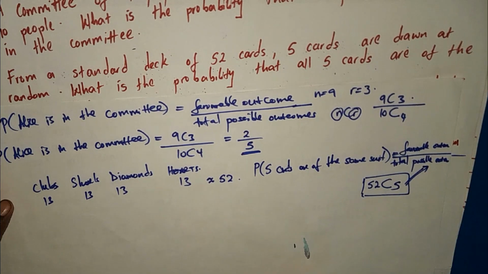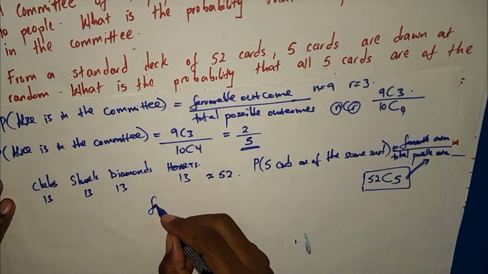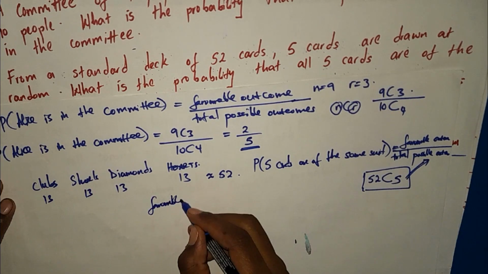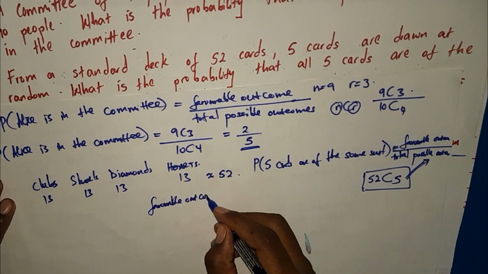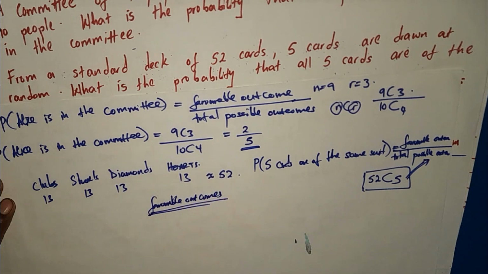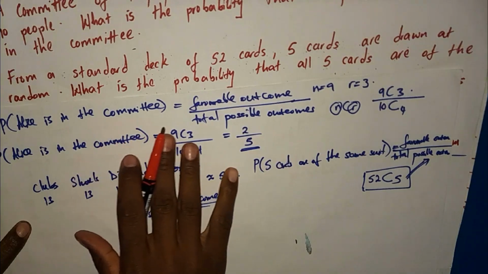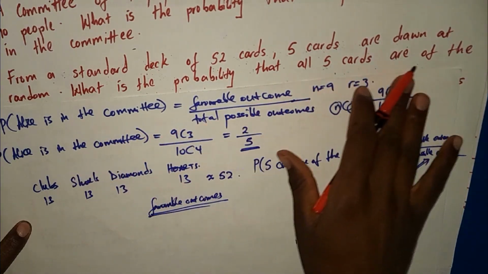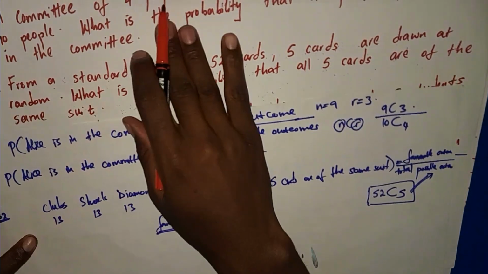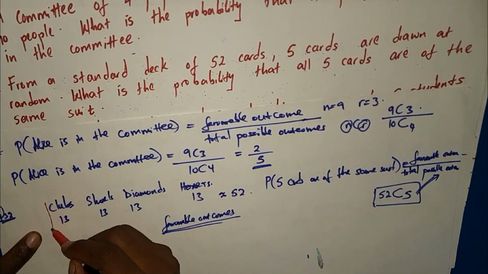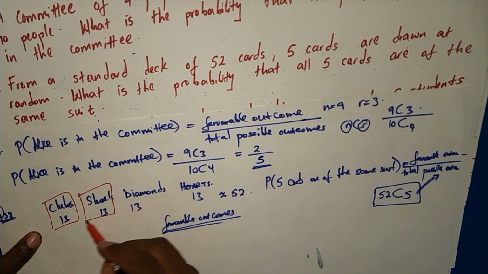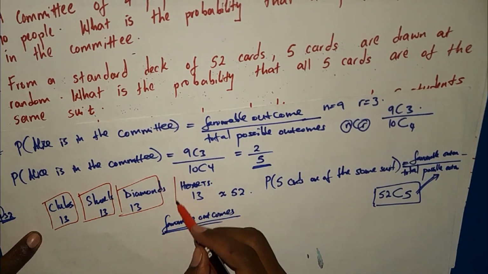Now for the favorable outcomes, we are not told the exact suit which is selected. The statement is just saying that all cards are of the same suit, meaning they are either clubs, spades, diamonds, or hearts.